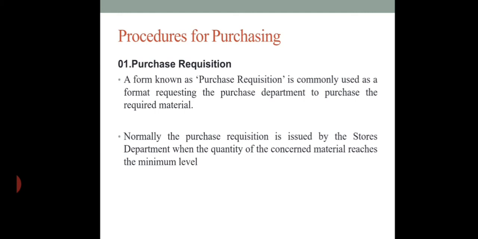The other two duplicate copies are kept by the storekeeper or the department which requires the materials. And the third is sent to the concerned authorizing executives or the higher authorities.